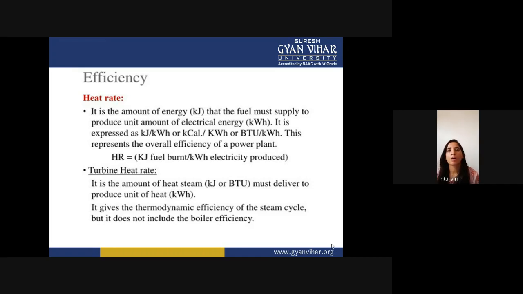It is the amount of heat in steam, or BTU, that must be delivered to produce one kilowatt hour. It gives the thermodynamic efficiency of the steam cycle, but it does not include the boiler efficiency. So this is about the efficiency which must be calculated for a power plant.